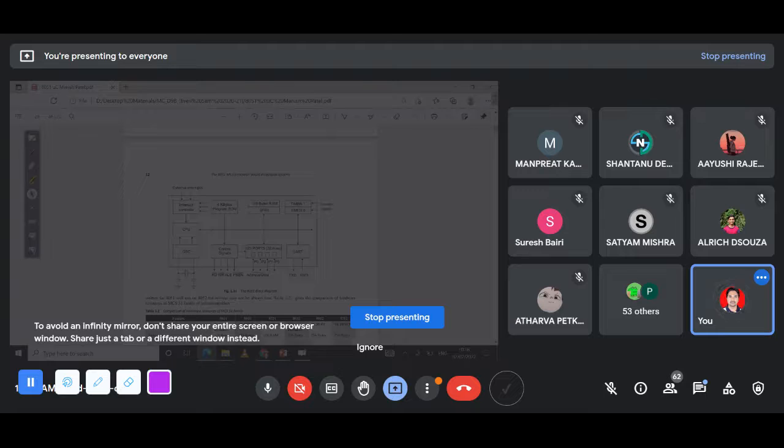Yes, see here now. See here, all of you. What do you see here? You have 128 bytes of internal RAM. Can you see here? SFRs are different. So it is not part of your internal RAM. So 128 bytes are dedicated for internal RAM. SFRs are not the part of internal RAM.